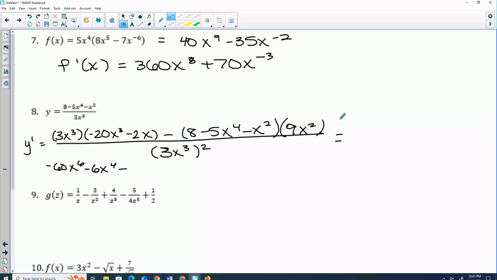Distribute the negative and the 9x squared: minus 72x squared plus 45x to the 6th plus 9x to the 4th. Over, if you square the bottom, that's 9x to the 6th. Combine like terms.